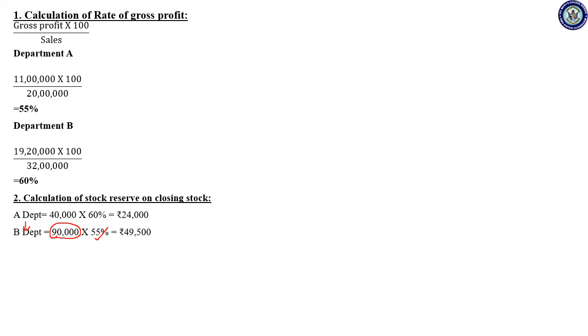The closing stock of department B includes 90,000, that is the transfer from department A. So at the gross profit rate of department A, 55%, it comes to 49,500. Okay, after this you draw the lines for the general P&L account.